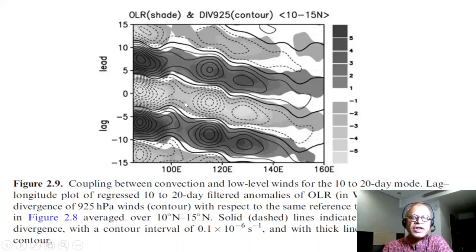Here is 0 when you have active phase averaged over this region, which is usually the Bay of Bengal, but you can see here you're going in longitude and the time is going up because this is lag and this is lead. So you're starting this way, so you have this northwestward propagation.